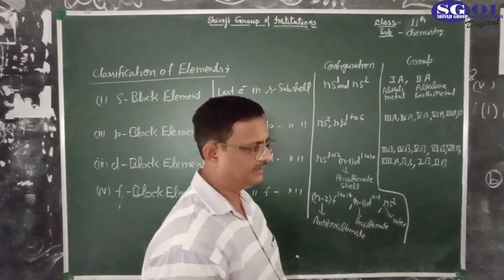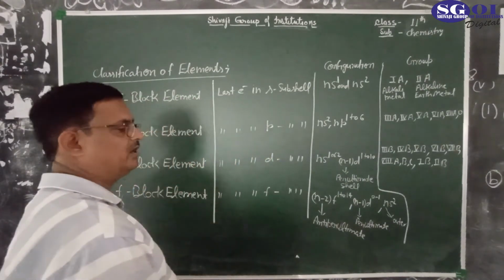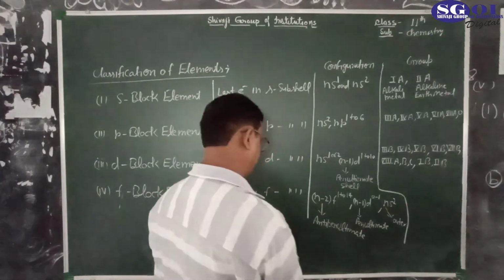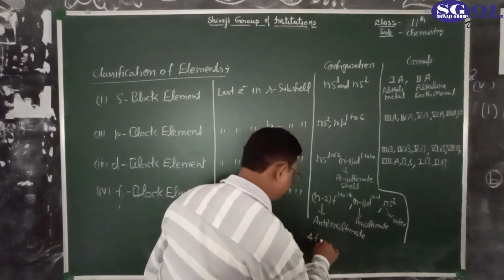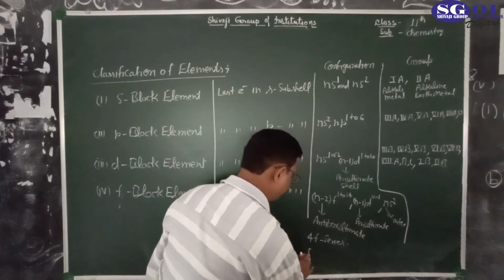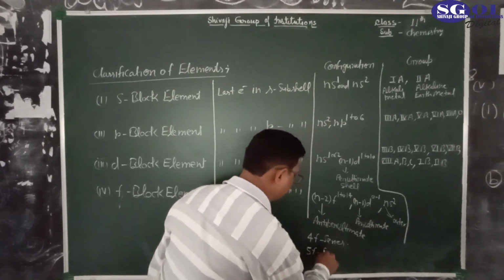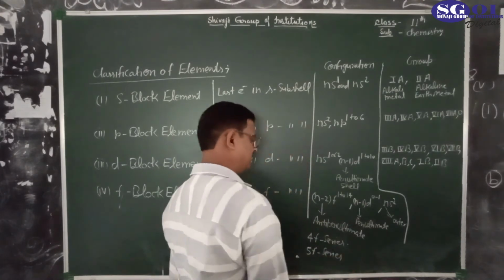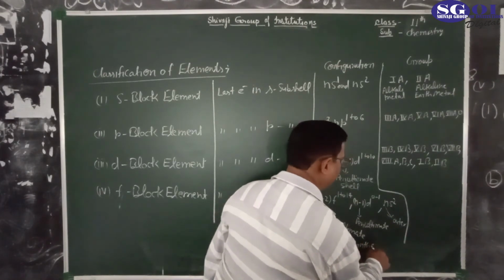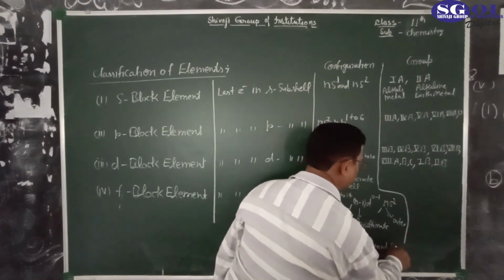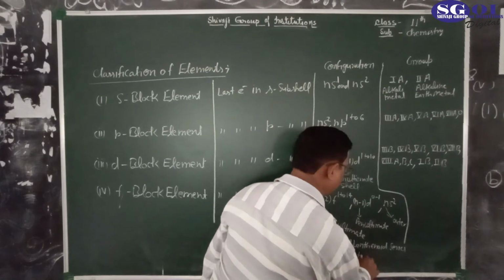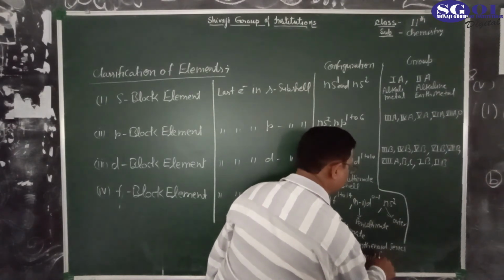Now, for the F block element. These are divided into 2 series: the 4f series and the 5f series. The 4f series is known as the lanthanoid series, and the 5f series is known as the actinoid series.